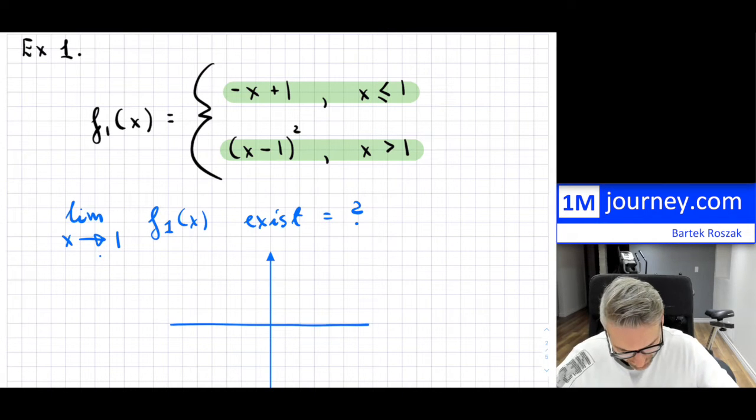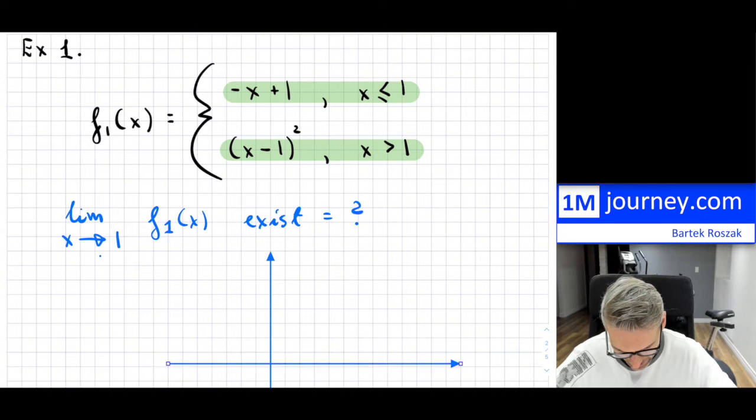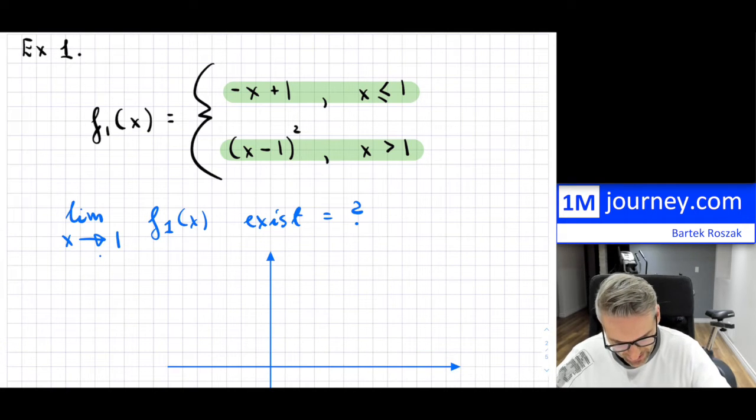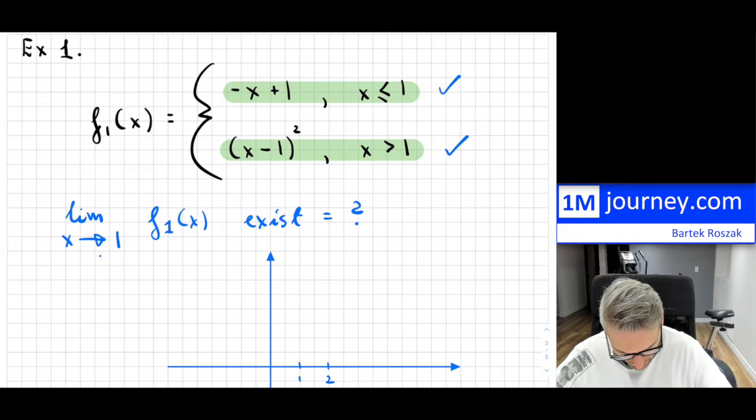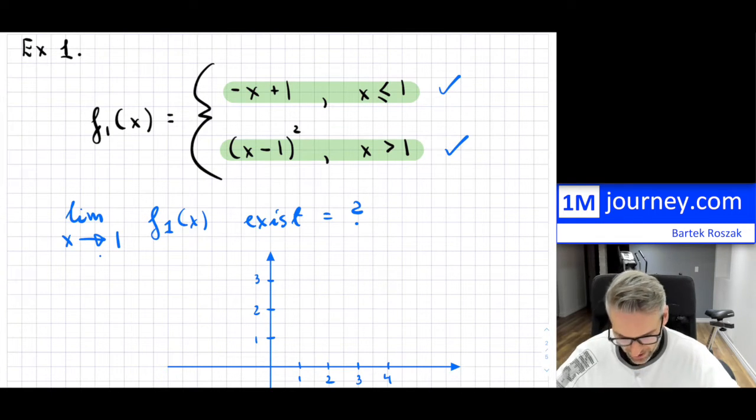So here, I have my x and y-axis. Actually, this one I can bring down because I can see that it's defined up on these. Let's make this 1, this would be 2, this would be 3, this would be 4, and so on. And this is 1, and this is 2, and this is 3, going up.